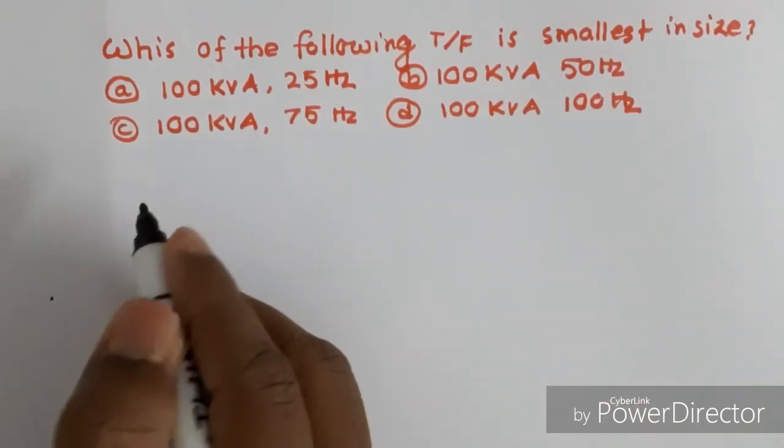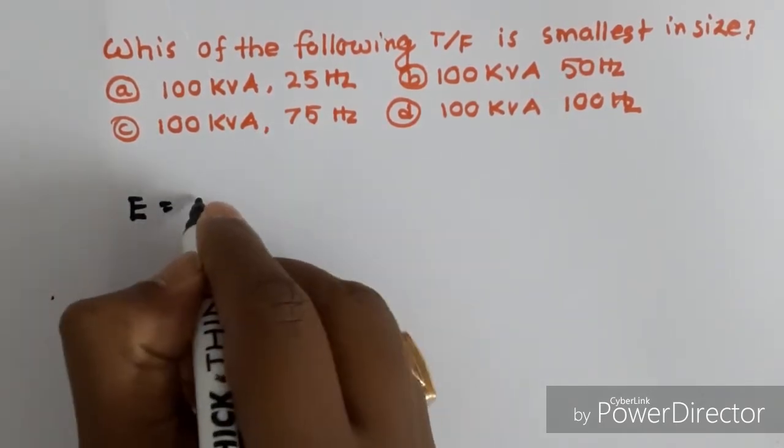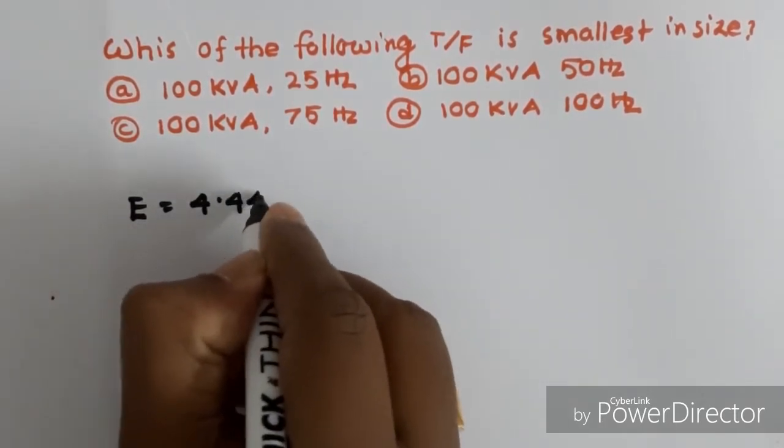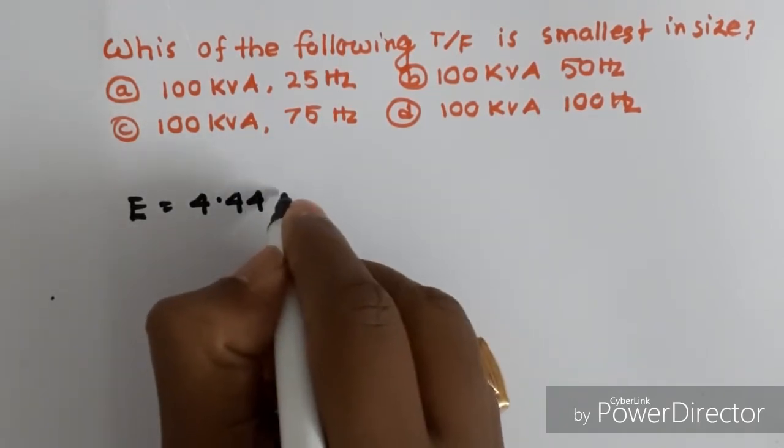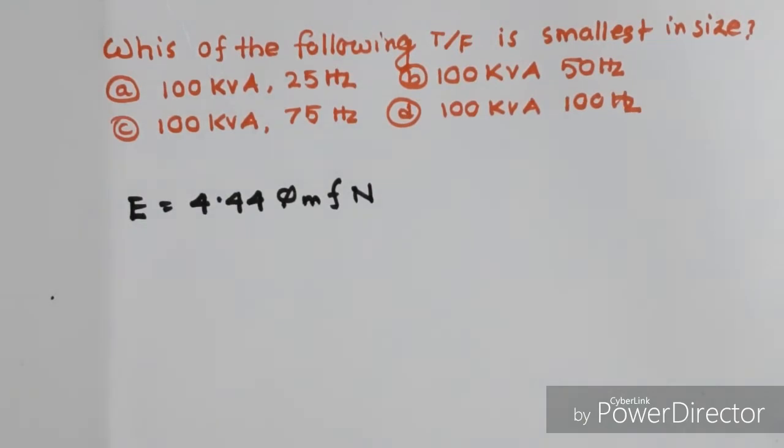As we know, the EMF equation of transformer E equal to 4.44 phi m F into N, number of turns.